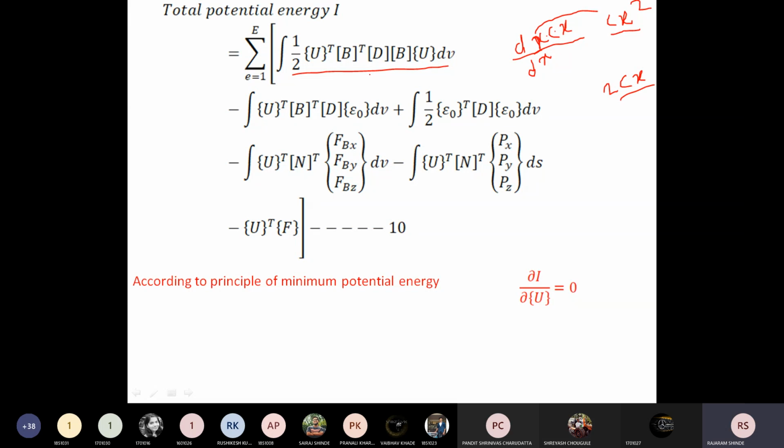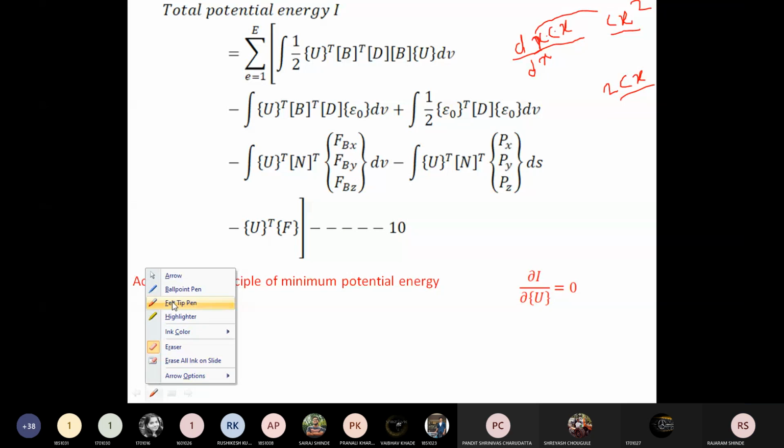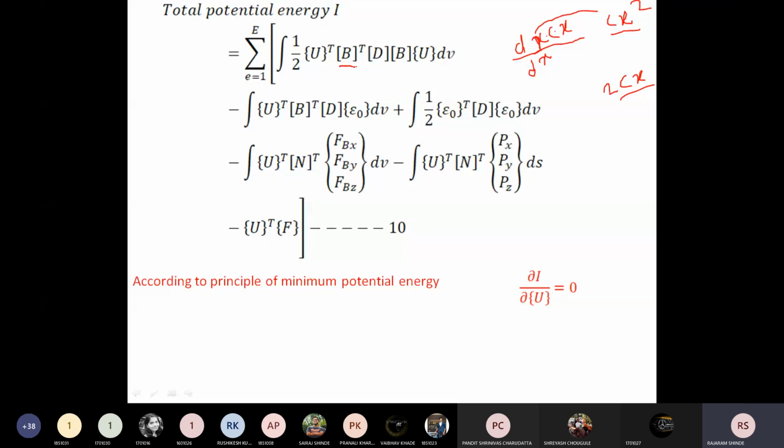Now you see here, you see this term here. I will clear this line. You see this term here. This is a constant term. This is your C. Now u transpose constant into u.